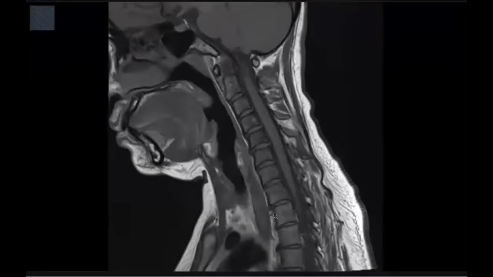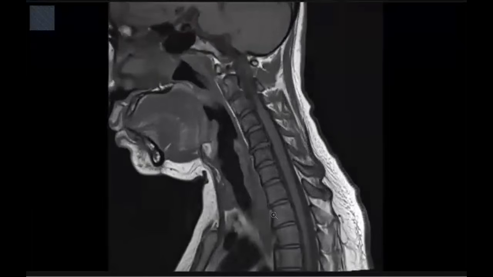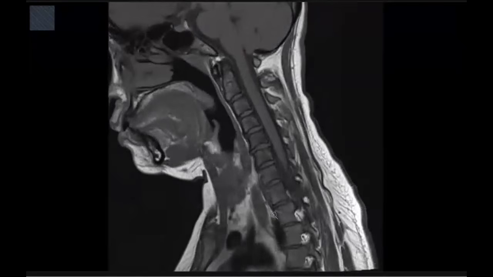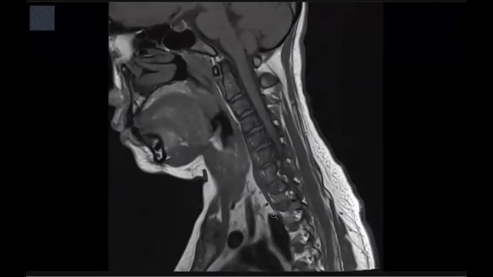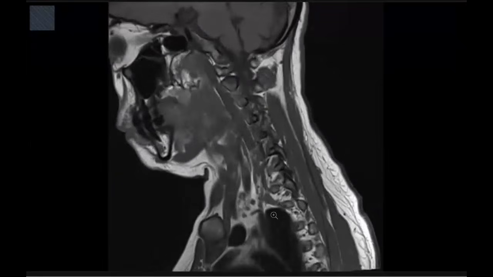As I'm scrolling through the images, I can see that there is no tonsillar herniation noted. Atlantoaxial distance appears unremarkable.